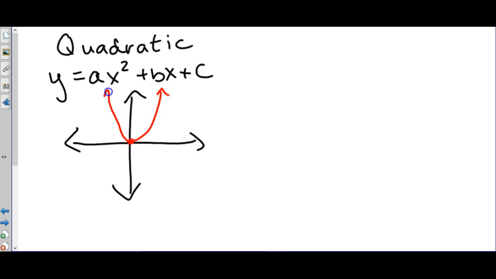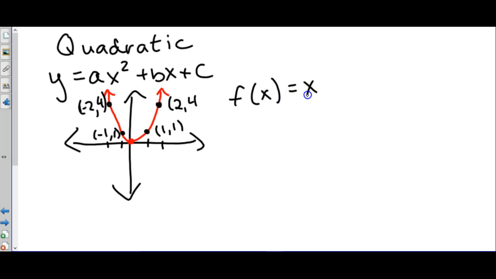Again, we start at the origin, and it's specifically going through the points 1, 1 and 2, 4, or negative 1, 1, negative 2, 4. So the parent function, the equation for this most basic graph, is f of x equals x squared. Again, that could be written as y equals x squared.